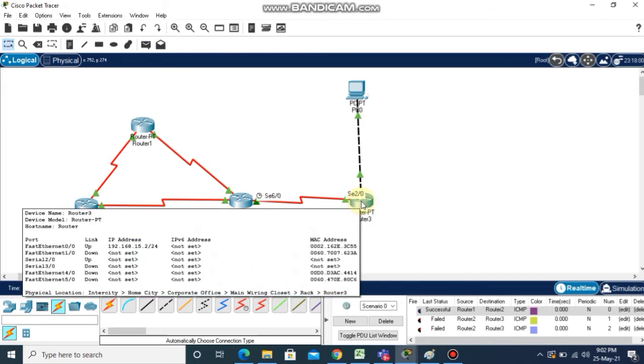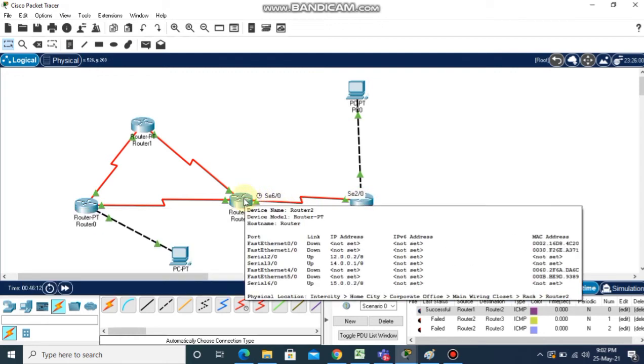First, let's troubleshoot this particular router. Okay, the port isn't configured, so we'll assign an IP address over here.